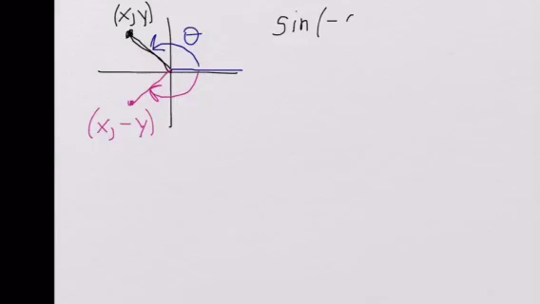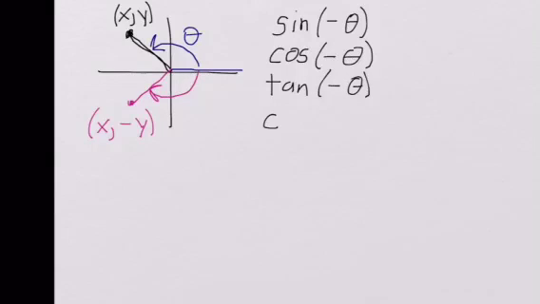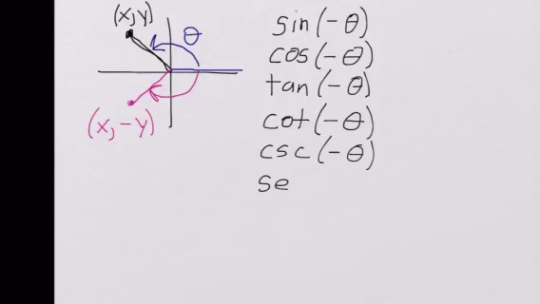And we get 6 trig functions: sine of negative theta, cosine of negative theta, tangent, cotangent, cosecant, and secant. So if we recall, the definition of sine is y over r.